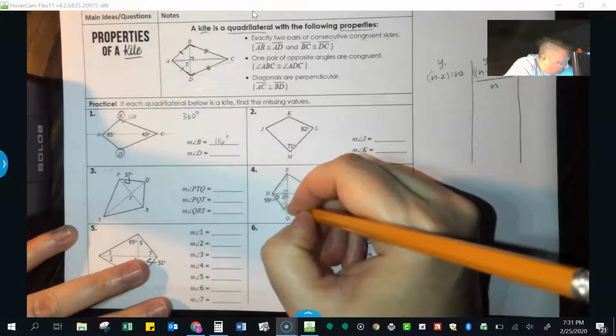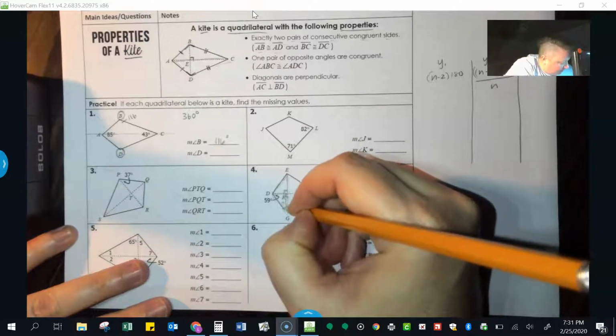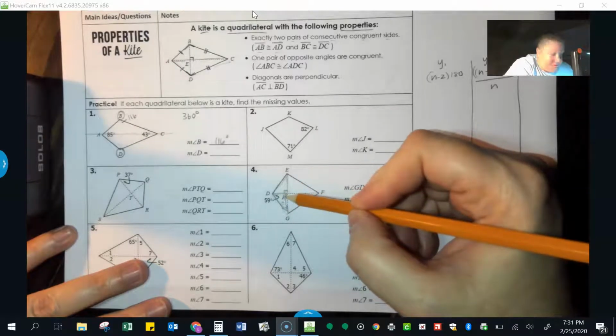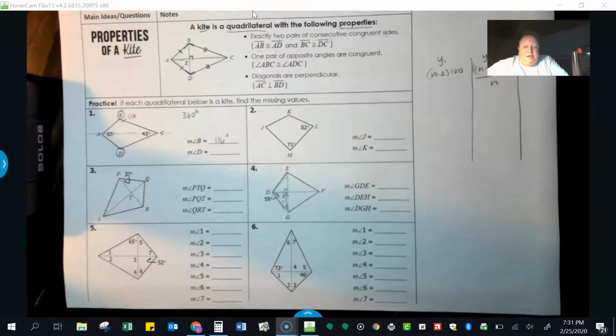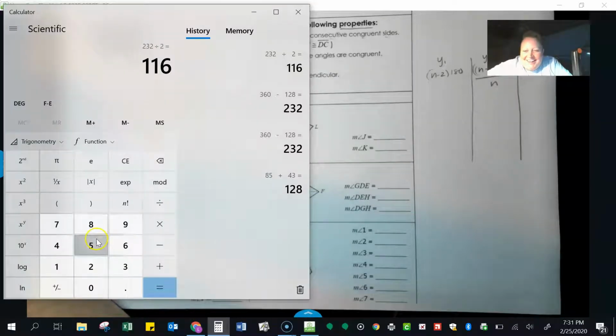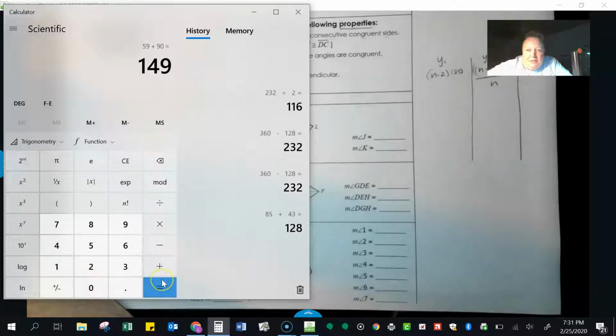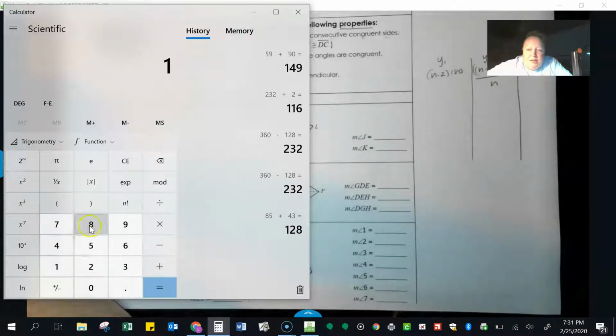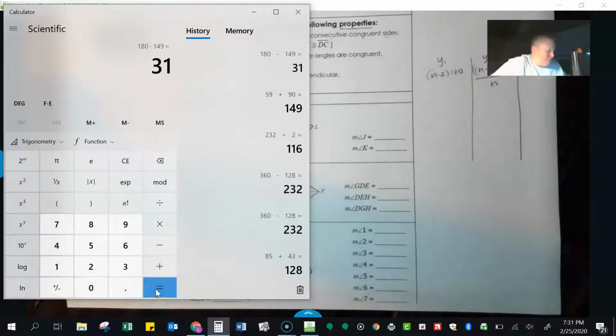So I can find this one right here because I can do 59 plus 90 and then subtract that from 180. 59 plus 90 is 149, and then when I do 180 minus 149, I get 31 degrees.